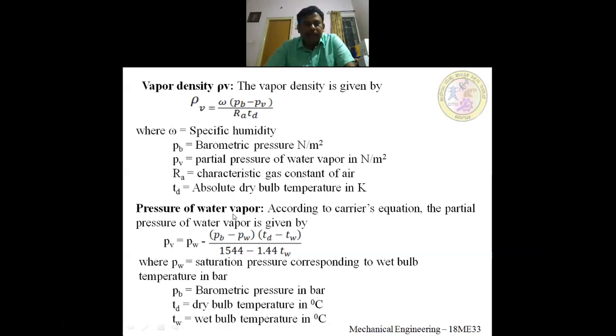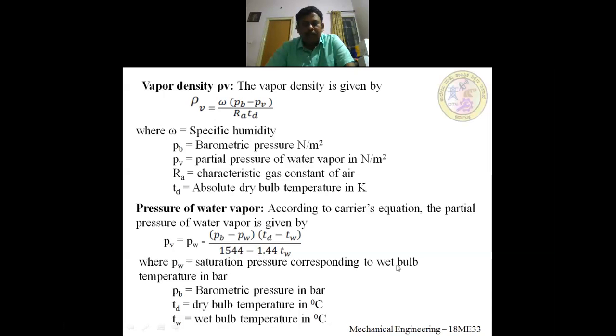Next, the pressure of water vapor you are going to find using Carrier's equation. The partial pressure of water vapor is given by PV is equal to PW minus PB minus PW times TD minus TW, divided by 1544 minus 1.44 TW, where PW, P suffix W, represents what?